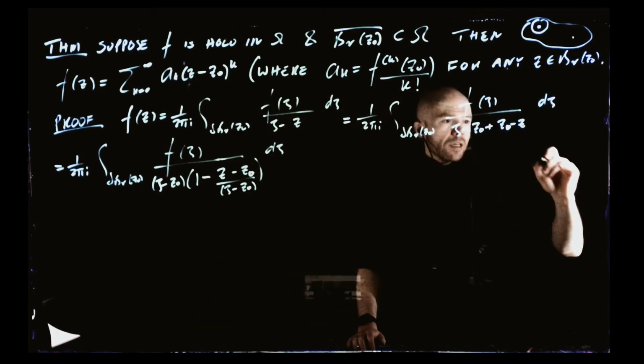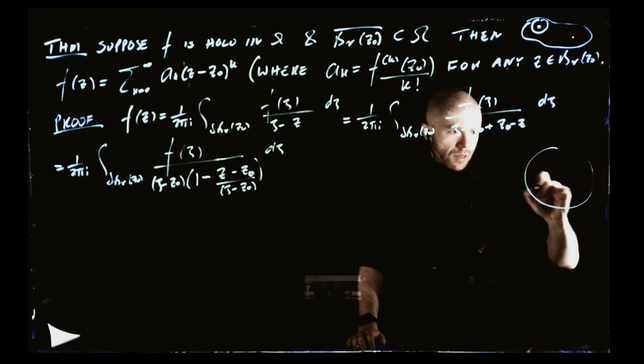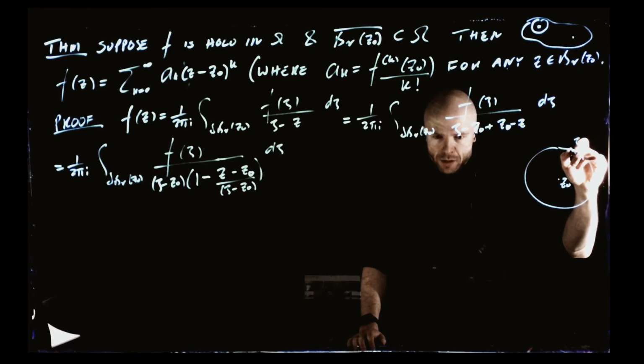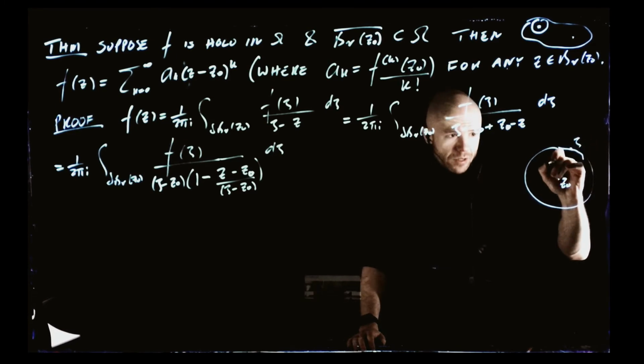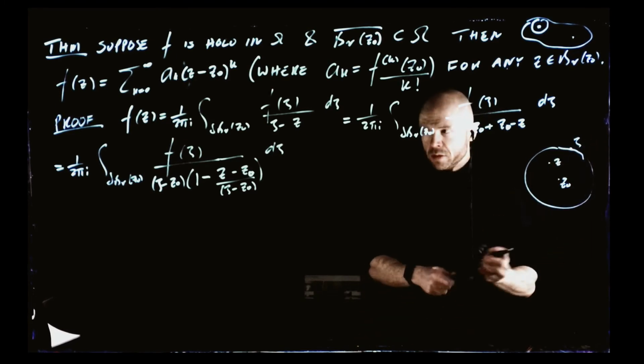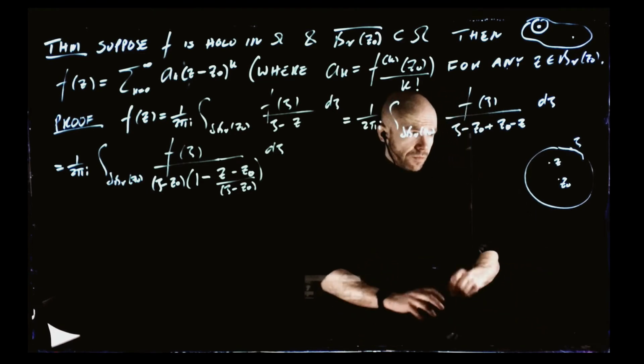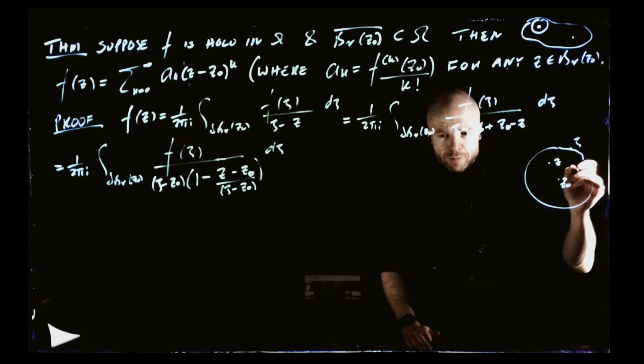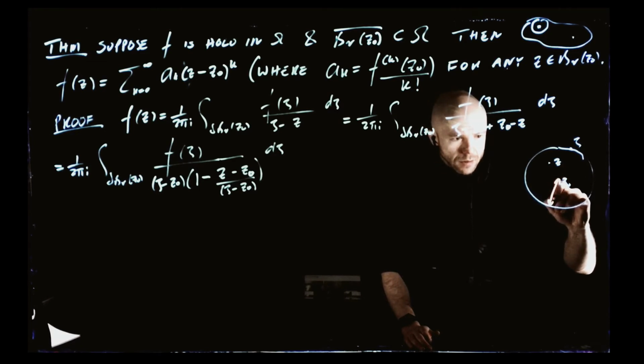Cool. Now, what do we know? Let me do a bigger picture. This is our ball. This is z0. We're integrating zeta around the outside, right? This is zeta. And z is something here. So this complex number, zeta minus z0, has absolute value given by the radius of the ball, and the radius of the ball is r.